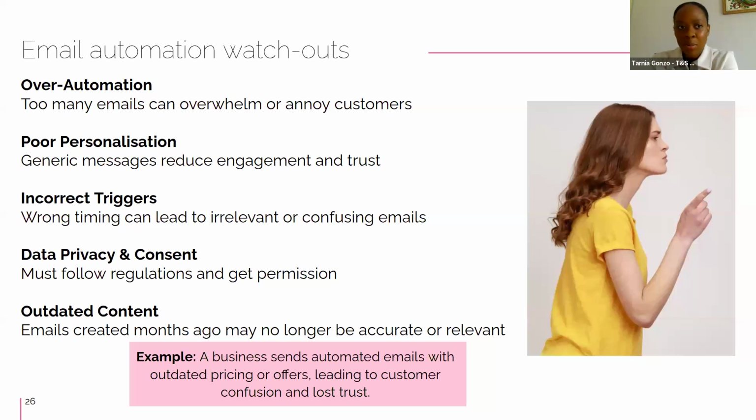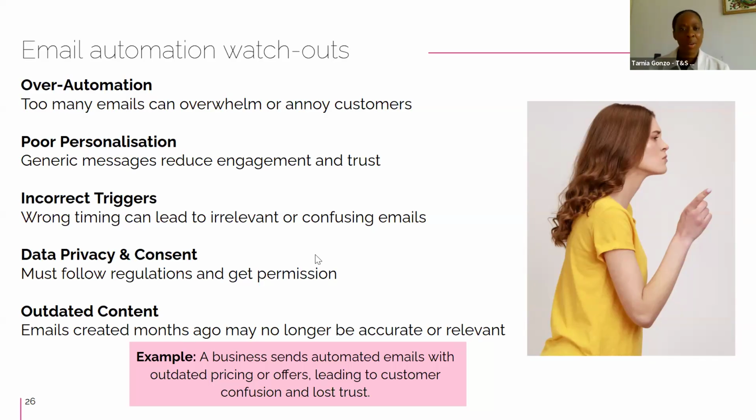Over-automation or not personalizing enough can reduce engagement. An example would be sending an automated email with a pricing or an offer that you can't offer anymore because your prices have gone up. That leads to confusion or lost trust from your customer.